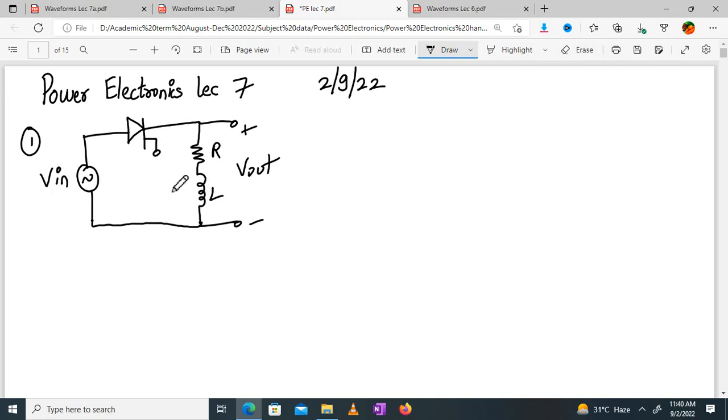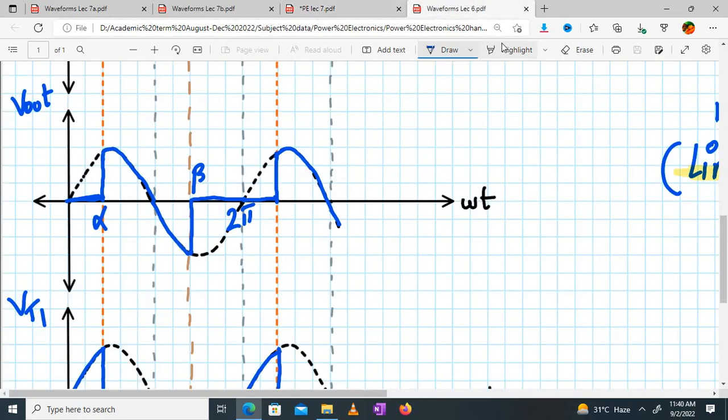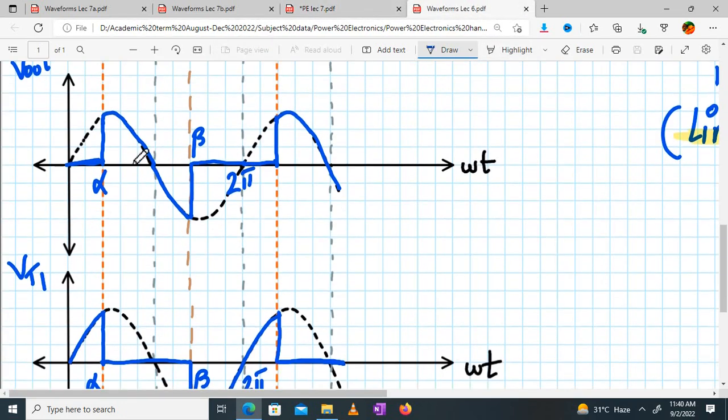For this circuit, we analyzed it and these are the waveforms which we are getting. What is alpha? Firing angle, and beta is the extinction angle.